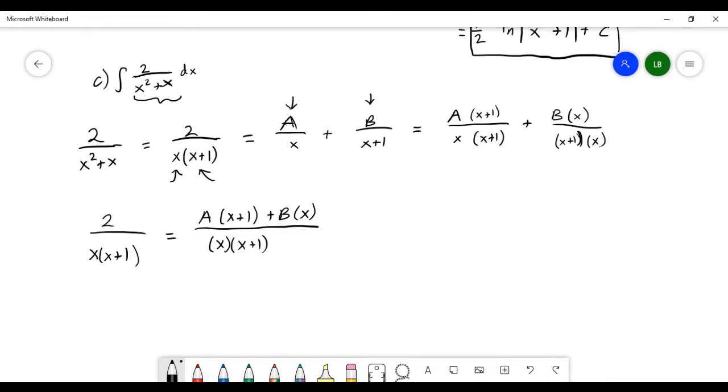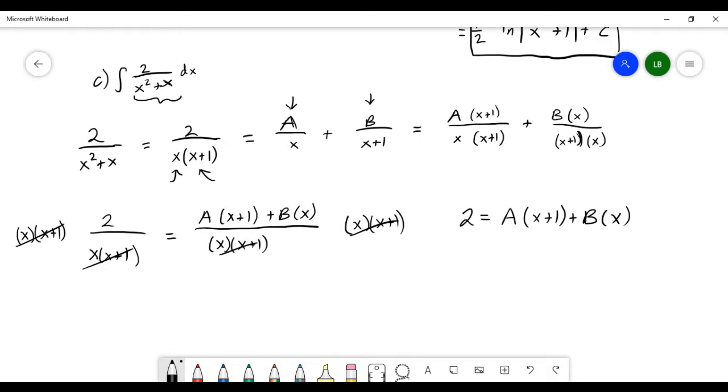We could also simplify this by multiplying both sides by x times x plus 1. It's the same principle, because then the denominators would cancel out, right? But the important thing is we essentially get down to 2 equals A times x plus 1 plus B times x.